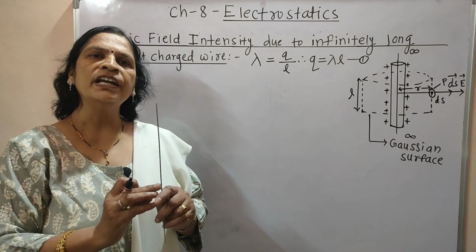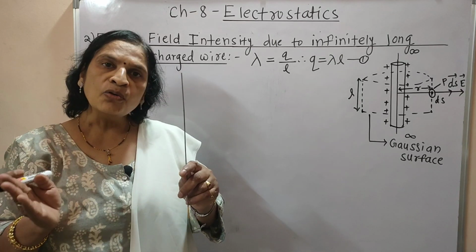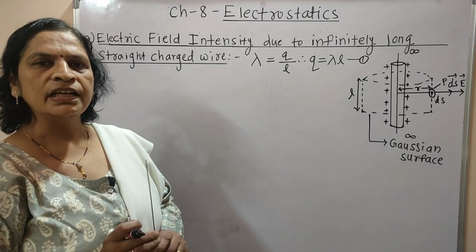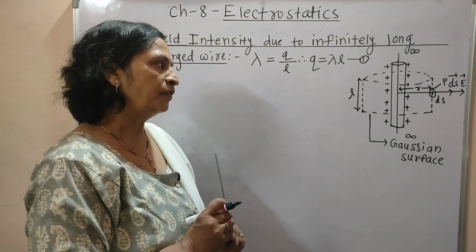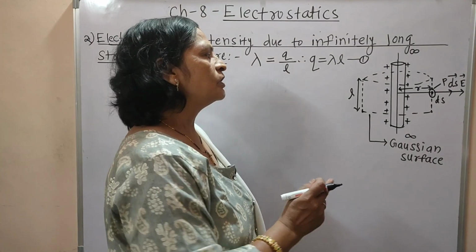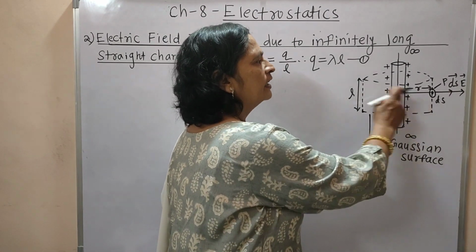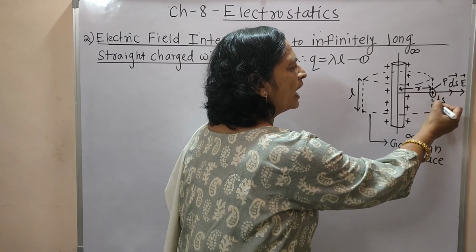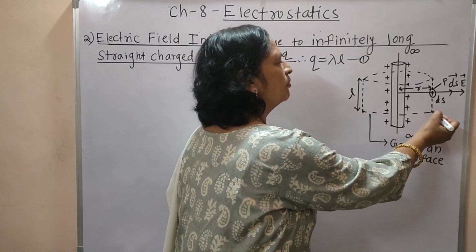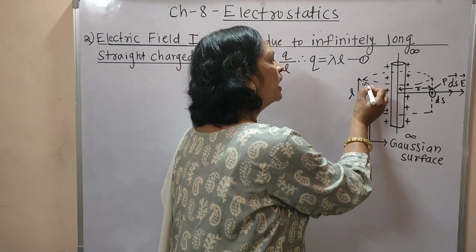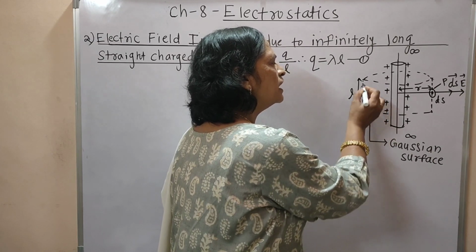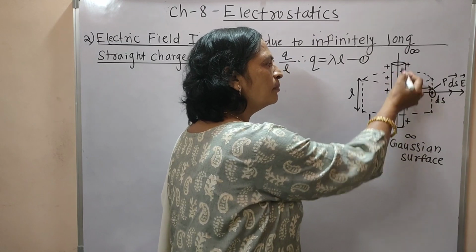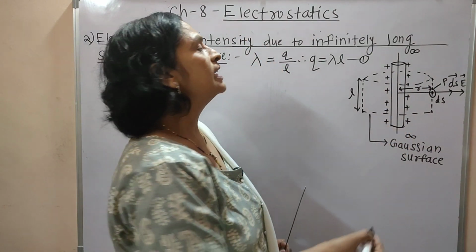We have to find the electric intensity outside this wire, and for that purpose we have to consider a Gaussian surface. The electric intensity at each of these points is the same, meaning the Gaussian surface is nothing but a coaxial cylinder.